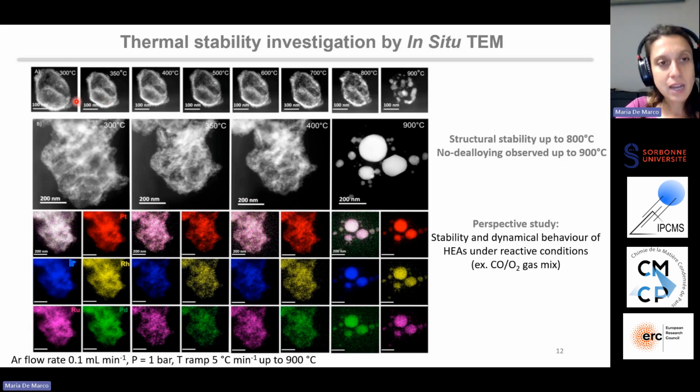We know from XPS analysis that at 300 degrees the metals are not fully reduced, but at 350 degrees all the metals are fully reduced. So this volume shrinkage can be attributed to the completion of metal reduction.